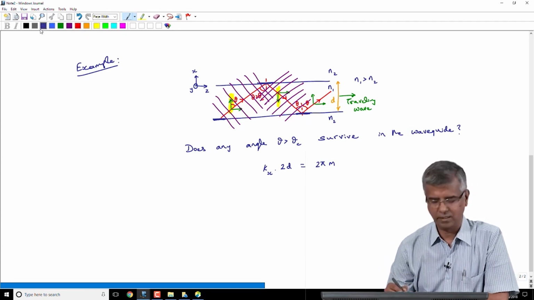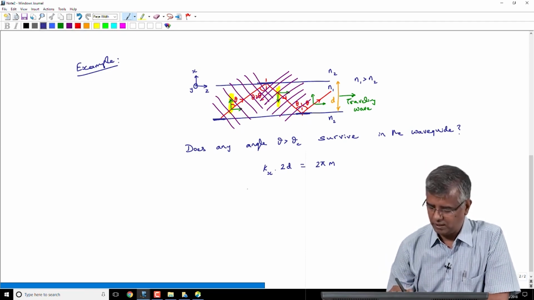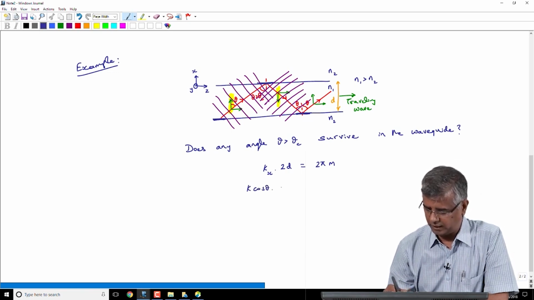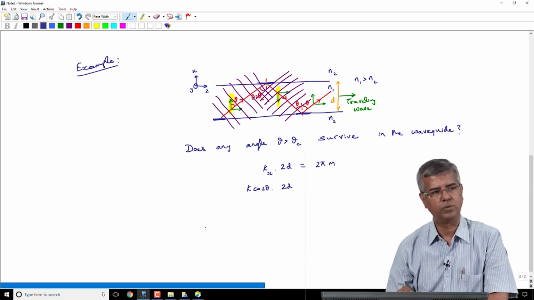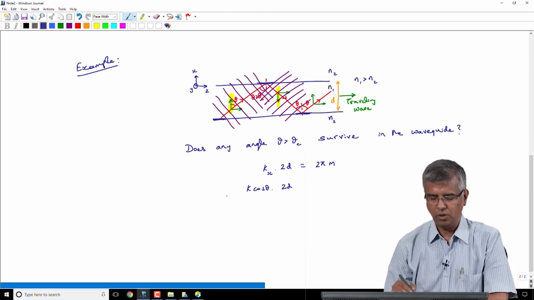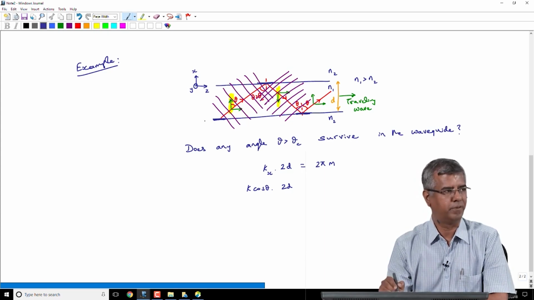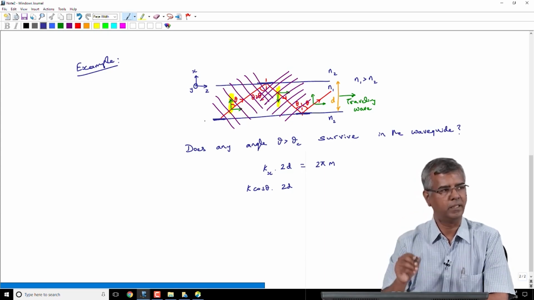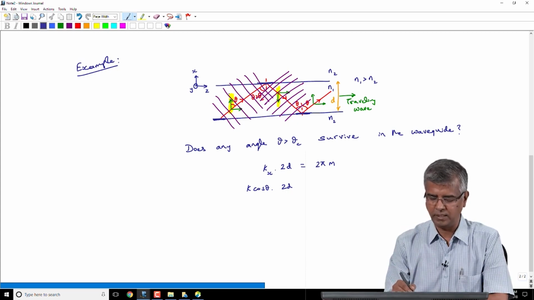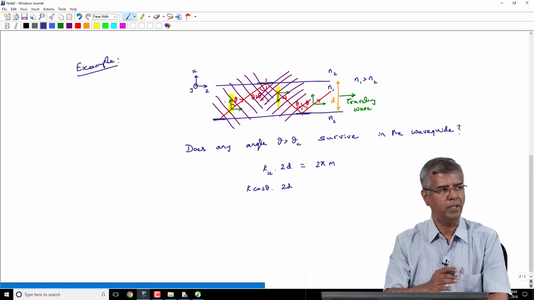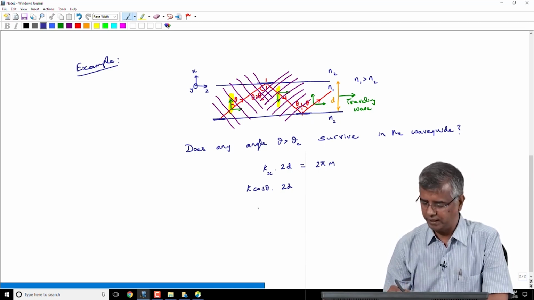That will be k cos theta, right. And so, I can just write it as k cos theta multiplied by 2d on the left hand side. Okay. k sin theta would correspond to the other vector, the travelling wave vector, but this one that is pointing upwards will be k cos theta, right.